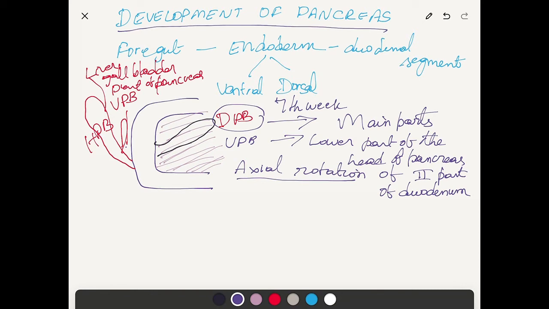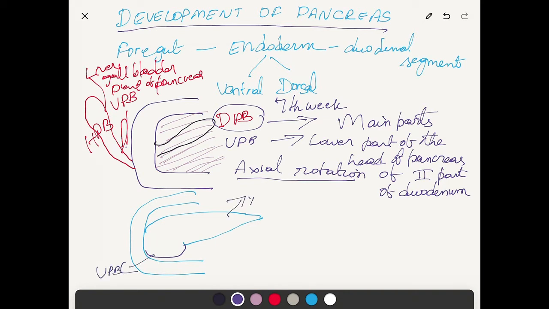Now we will see the development of the ducts of the pancreas. If you again draw the primitive duodenum, this is the dorsal pancreatic bud, which gives rise to the main parts of the pancreas, except the lower part of the head and the uncinate process, which are derived from the ventral pancreatic bud.